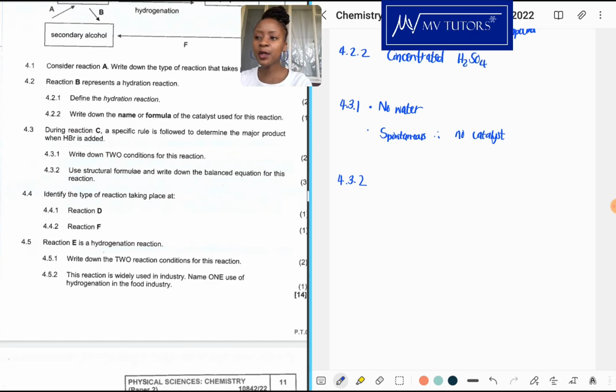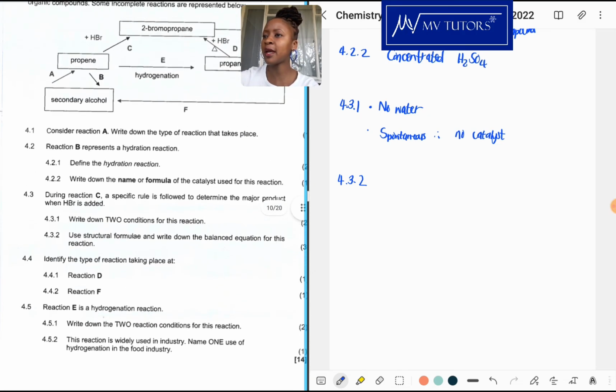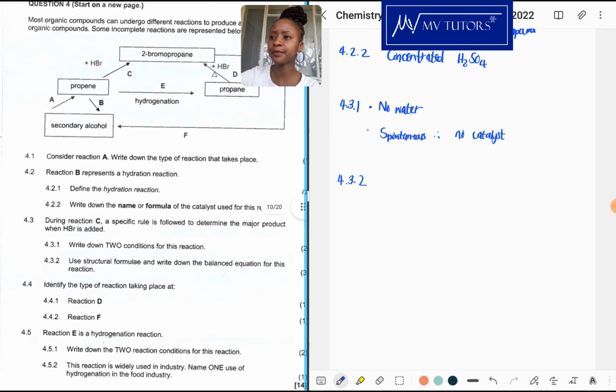Okay, 4.3.2 says use structural formulae and write down the balanced equation for this reaction. So we are going from propene, which has 1, 2, 3 carbons. Whether you put the double bond here or you put it here, it doesn't matter. But choose one side, not both sides.